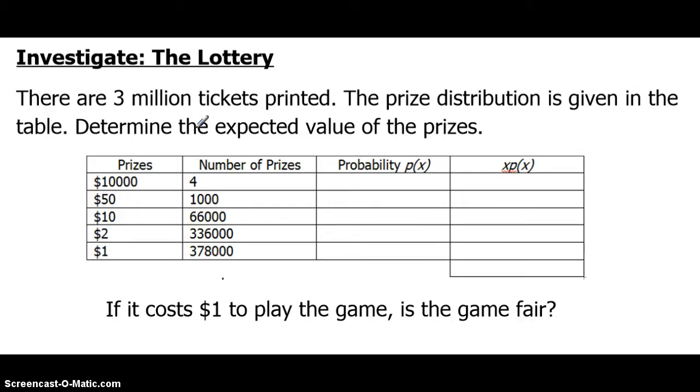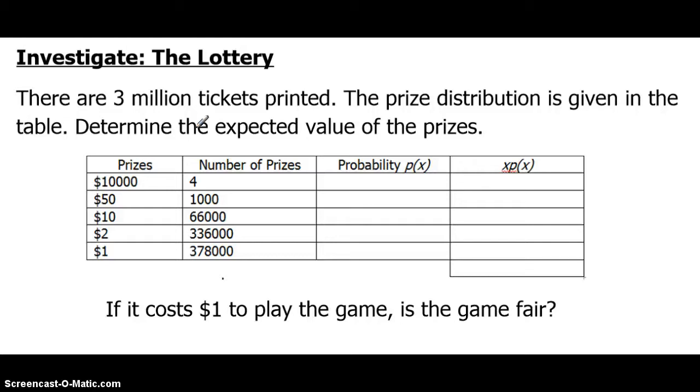Recall, a fair game has an expected value of 0. So in other words, if I pay $1, then the expected value should be $1 to me. So that I'm not gaining any money, but I'm not losing any money either. So if I lay out $1 to play, I should be getting $1 back from the expected value, and then that would be considered fair.